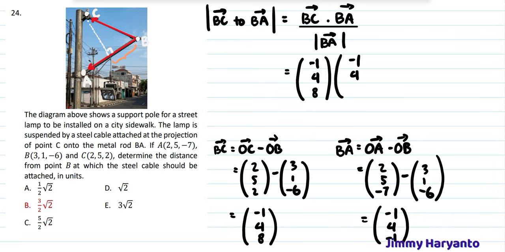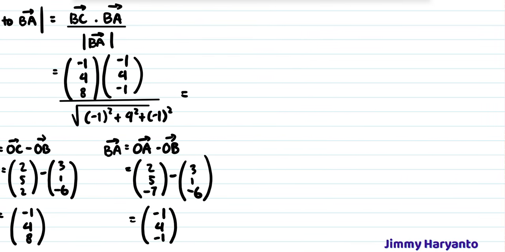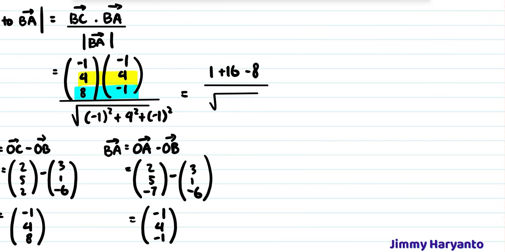So BC dot BA is (negative 1, 4, 8) dot (negative 1, 4, negative 1), over the square root of negative 1 squared plus 4 squared plus negative 1 squared. Okay, let's calculate this. This one is 1, and then next is 16, and next is negative 8, over the square root of 16 plus 1 plus 1, which is 18.